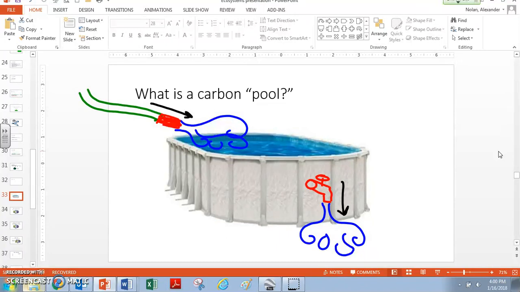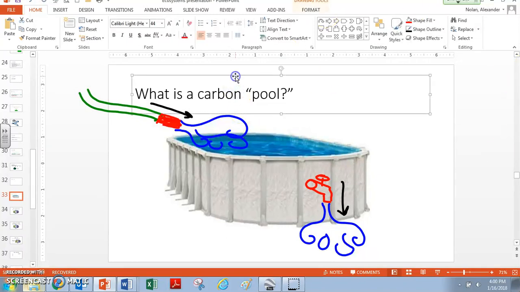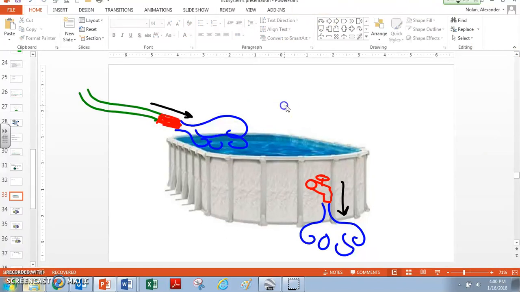Now, here's what I think is the best way to think of fluxes. Flux literally means flow. And so if we're looking at these flows of water in this pool, what we're really talking about is simply how much water are you adding and how much water are you subtracting.